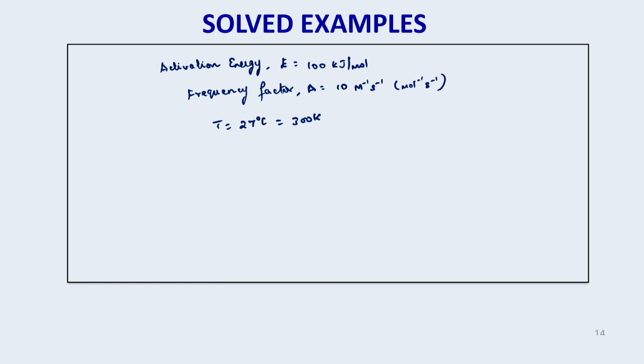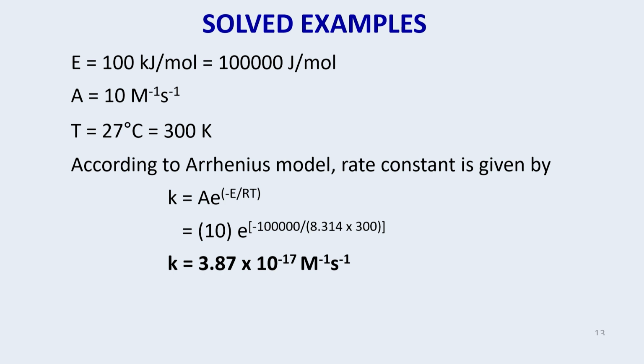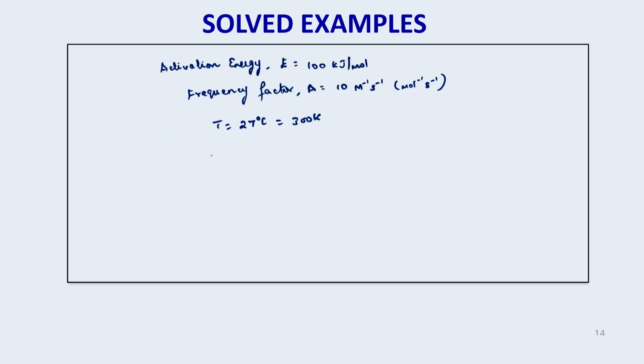So, based on the data given, the activation energy and frequency factor, this numerical question is based on the Arrhenius model. So I will be using the equation k equal to A into e power. According to the Arrhenius model, k is equal to A into e power minus E by RT.